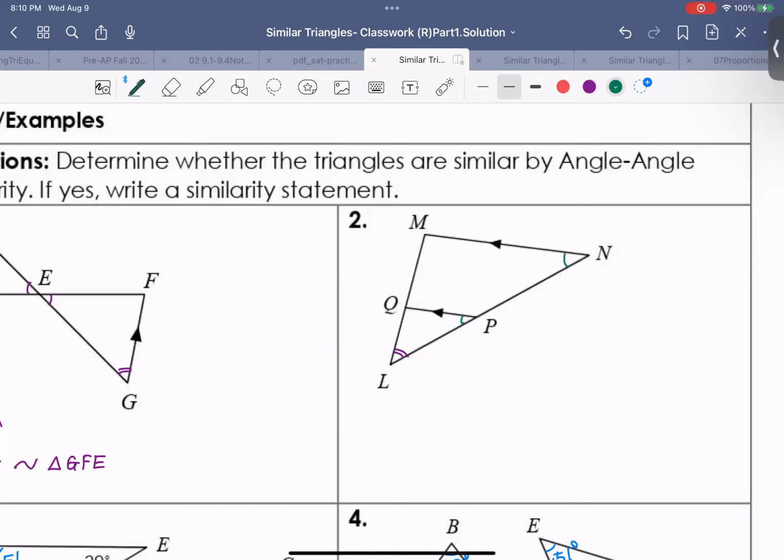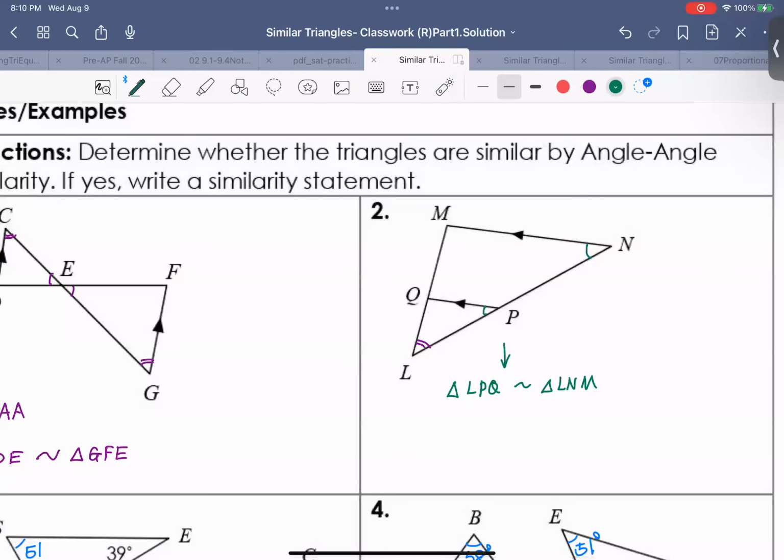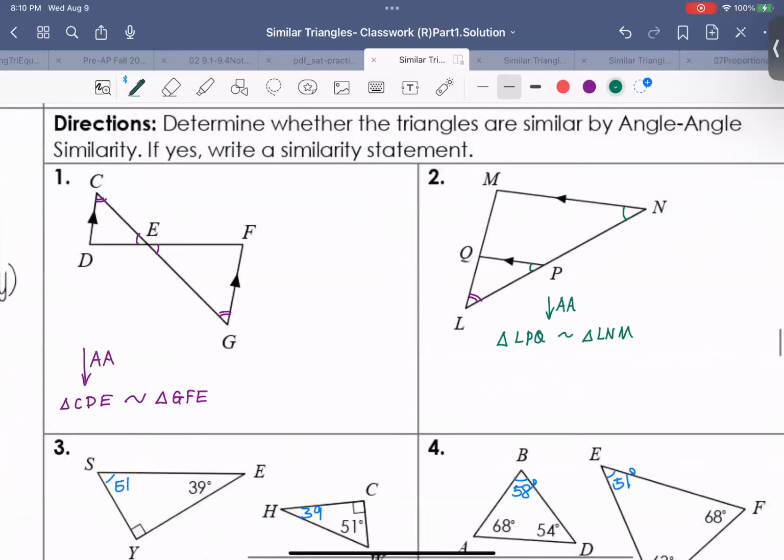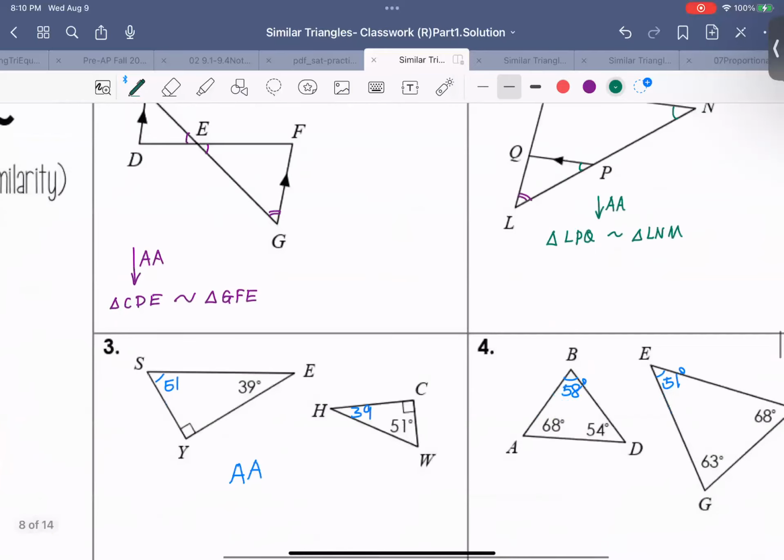And then we will say triangle LPQ is similar to triangle LNM. Excellent. Good job. Very good. This is also because of AA, right? Yes. Good. And then let's see over here.